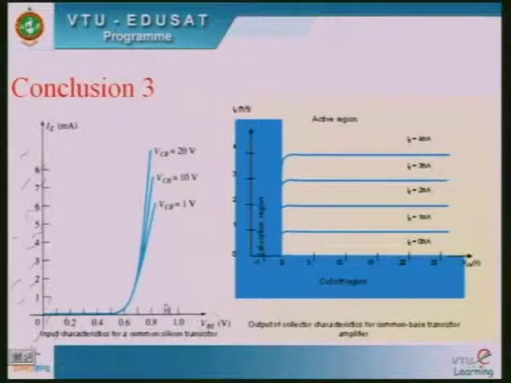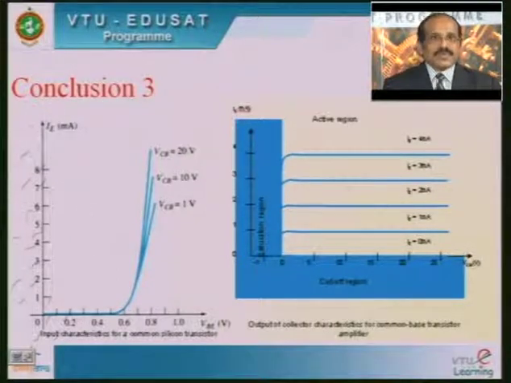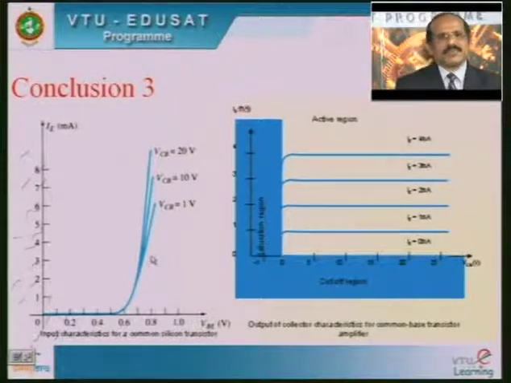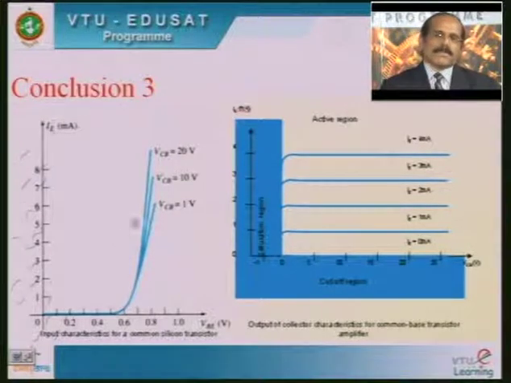The input characteristics is a plot of VBE, the input voltage, versus the input current IE, keeping the output voltage constant. One thing evident is that it is similar to a forward biased PN junction.